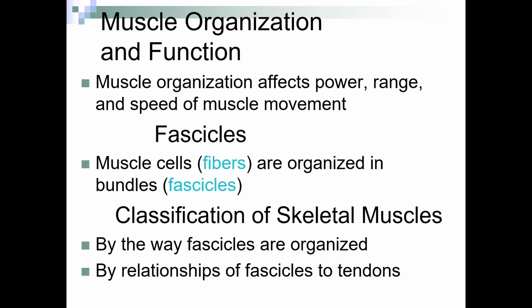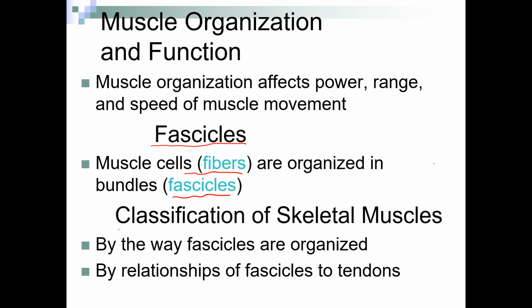And these guys are pulling in the same direction. Remember, muscles can only pull. There's no muscle on your body that can push, right? All right, so it says muscle organization affects power, range, and speed of muscle movement. True. The fascicles, remember, are muscle cell fibers arranged in bundles, which we just spoke about.